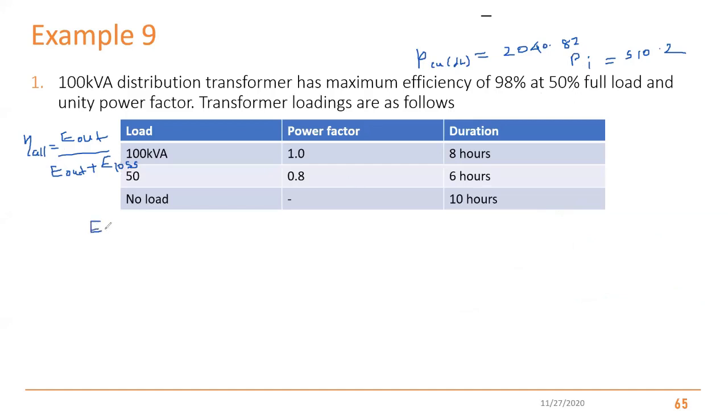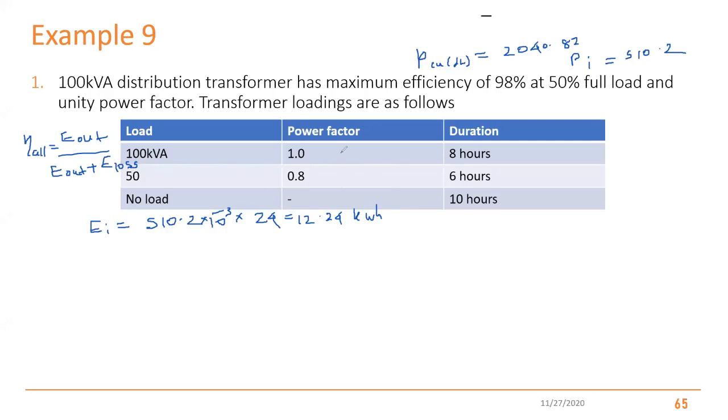Therefore, I can calculate the total iron loss energy as 510.2 times 10 to the minus 3 times 24, which is 12.24 kilowatt hours. That is the total energy loss per day as iron loss.